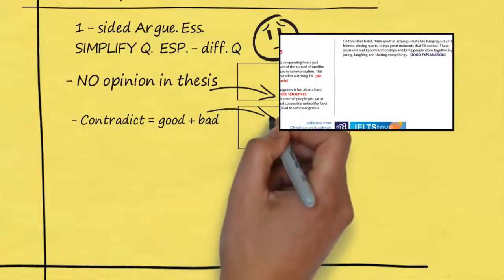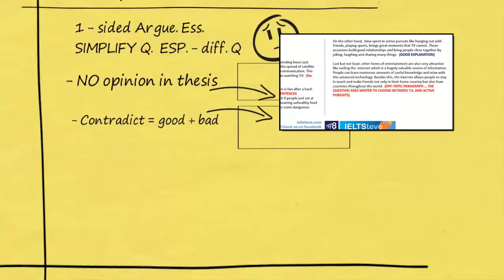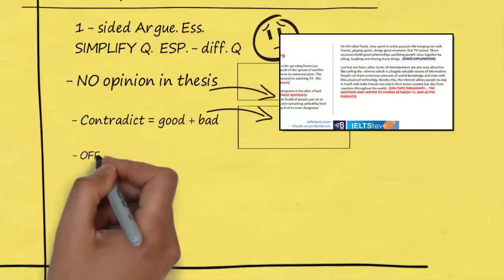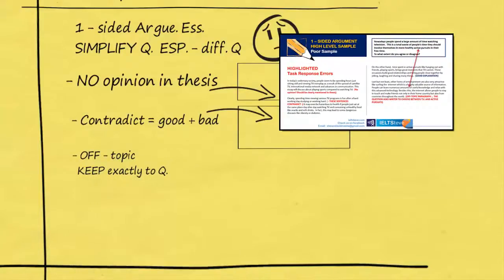The next body paragraph is actually quite good. You see a good explanation there. It's very short, but it's actually okay and well explained there. However, the third one, this is an off-topic paragraph. If you come back to the question, it says it's comparing TV to healthy active pursuits. There is no mention or no discussion of other kinds of passive activities. This person has gone off topic.